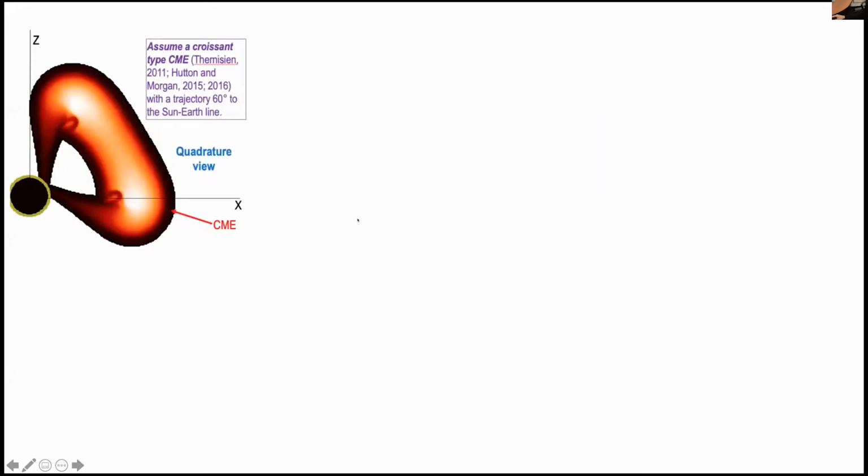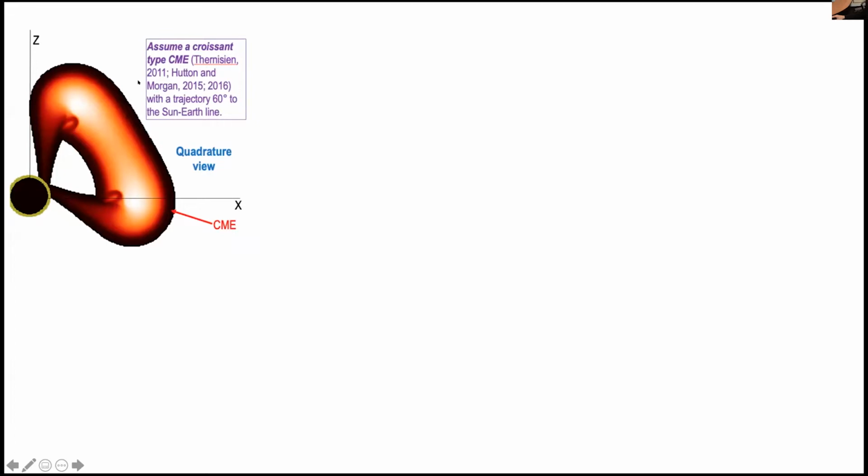There's another issue, which is the fact that we're not looking at a single blob, we're looking at a distributed structure along the line of sight. To start getting a feel for how that impacts things, we have this model that I have incorporated into the forward codes from Hugh Morgan, which is similar to the Thernisien GCS model, a Poisson type model.